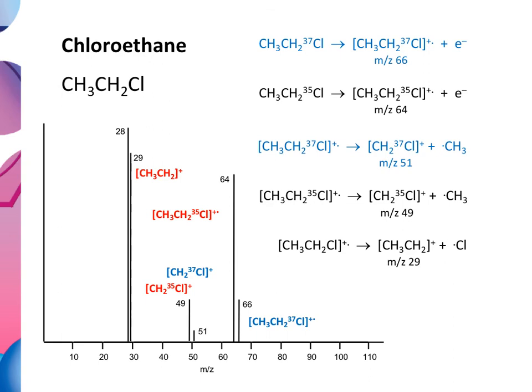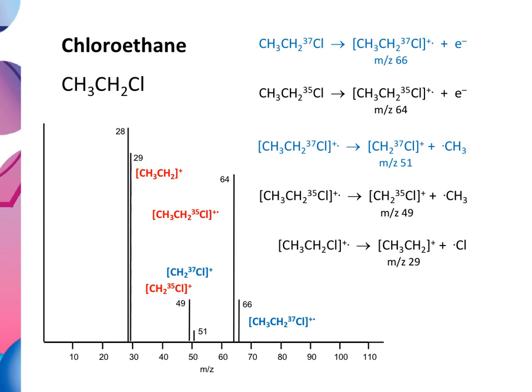A similar type of molecule, chloroethane. This time we could have chlorine 35, chlorine 37. They don't come in equal abundances, of course, so if you remember, chlorine 35 was about 75% of all chlorine atoms, and chlorine 37 about 25% of all chlorine atoms. That's why we had an AR of 35.5.